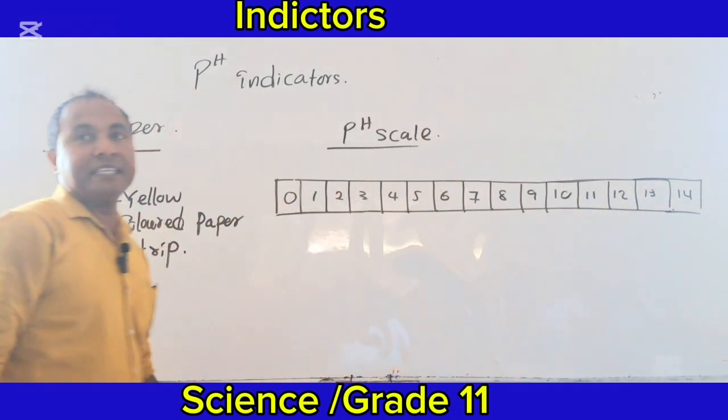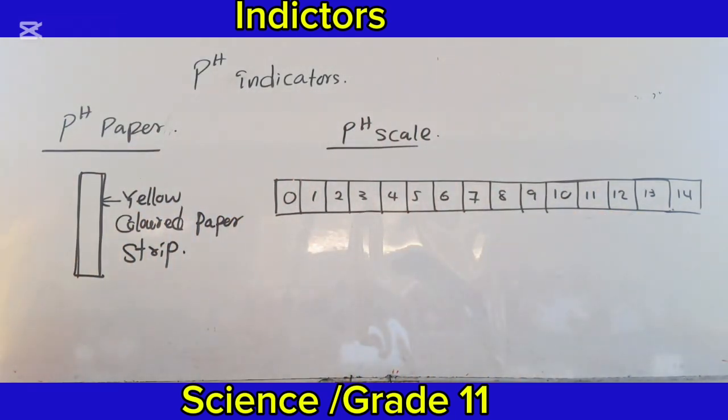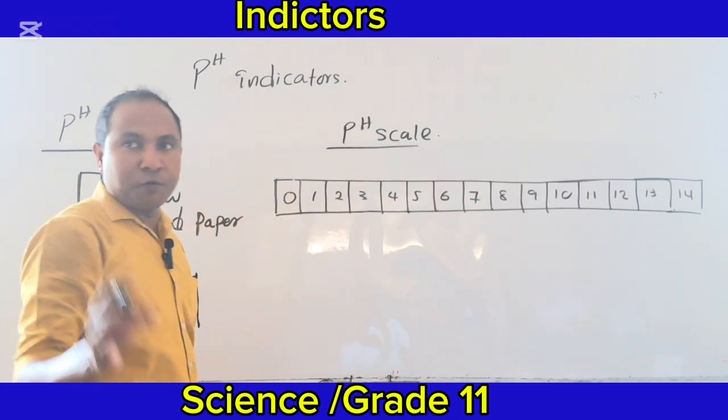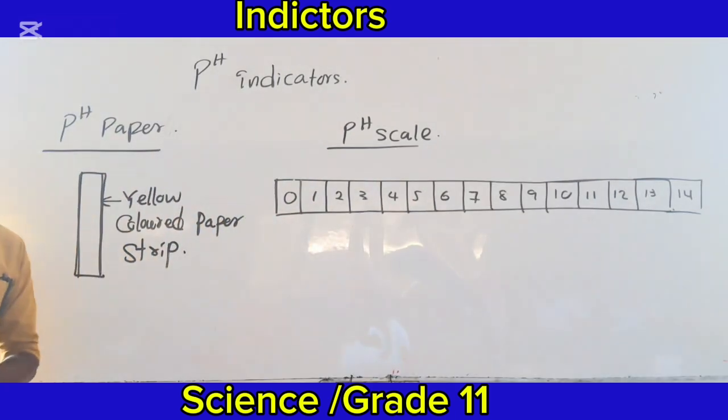This is the pH scale. There are 15 squares, and there are different colors.